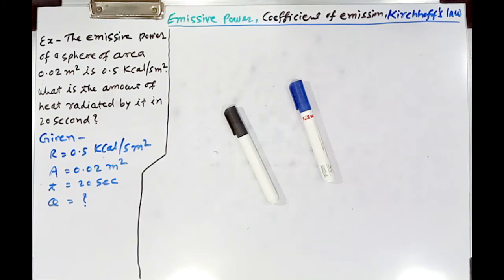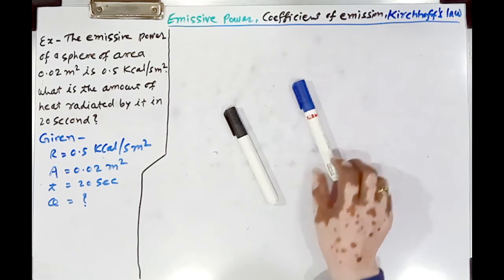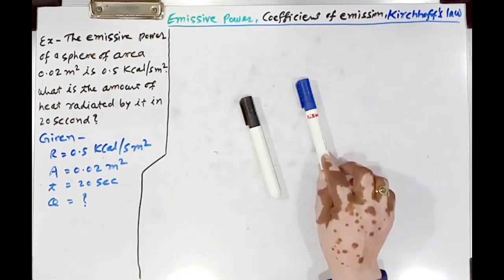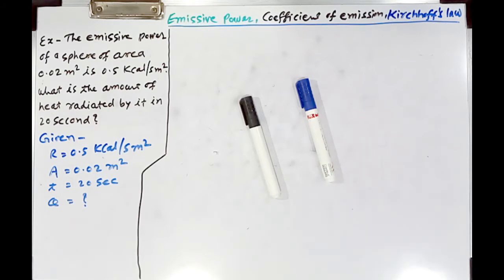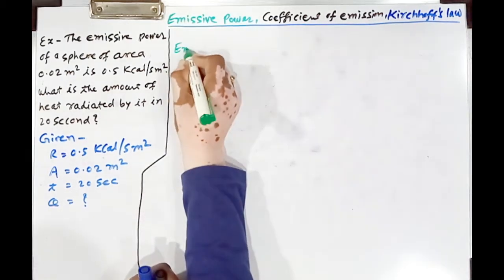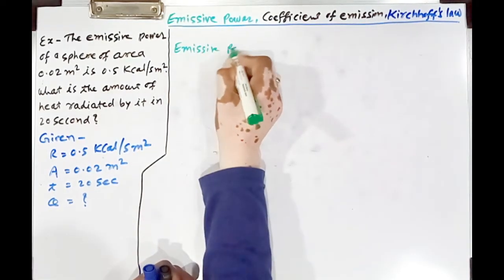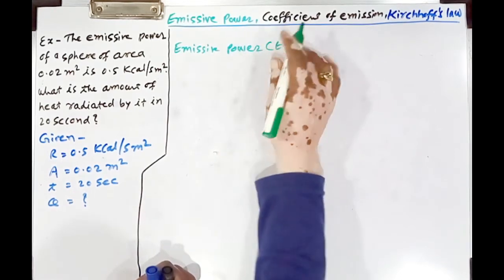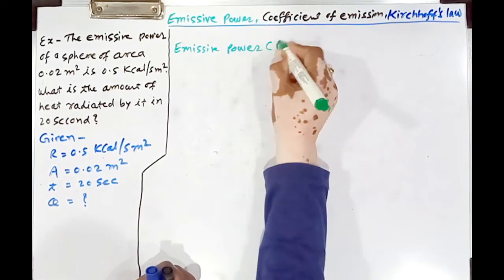To compare the amount of heat radiated by two different bodies at the same temperature, we require a physical quantity. That physical quantity is called emissive power. That means here there are two bodies, and both have different emissive power at the same temperature. So first of all we have to define what we mean by emissive power. It is denoted by letter capital R.